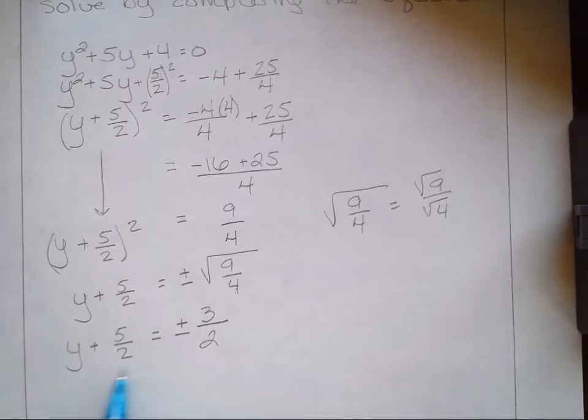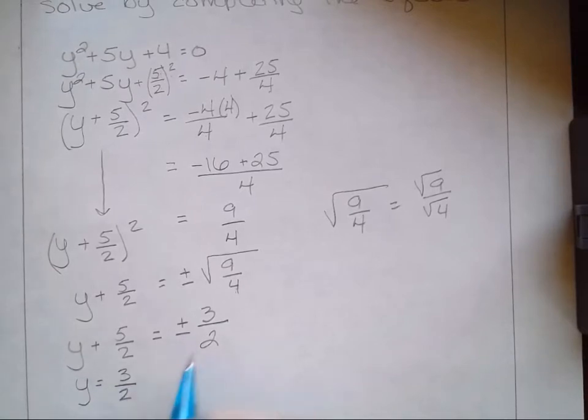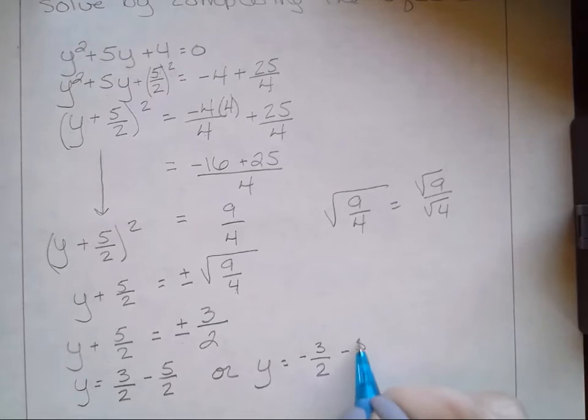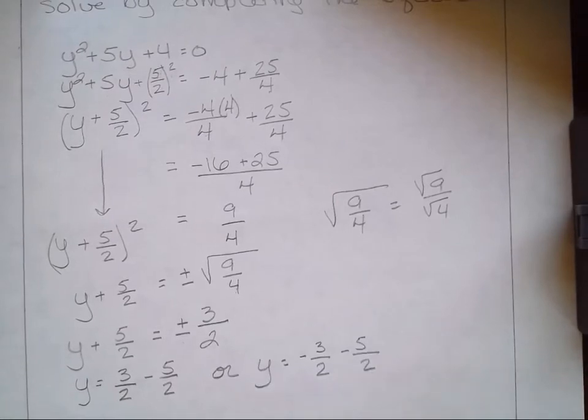I'm going to subtract the 5 halves from each side. So y is equal to 3 halves, I'm going to take the positive, minus 5 halves, or we can say that y is equal to negative 3 halves minus 5 halves.